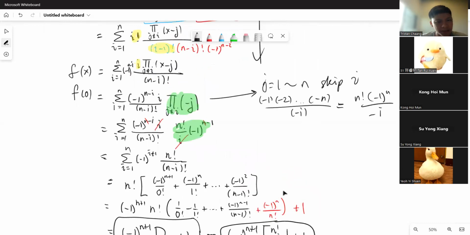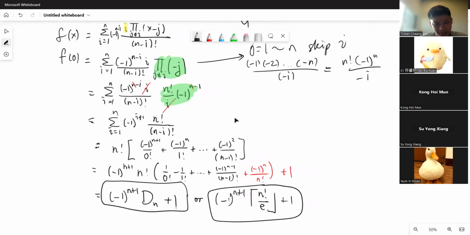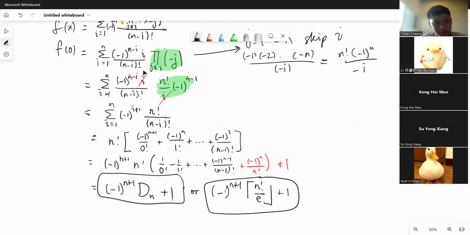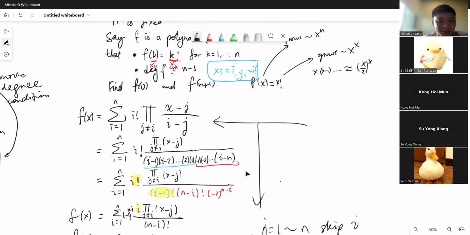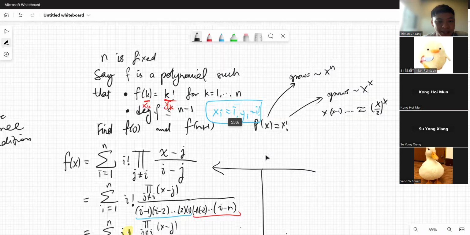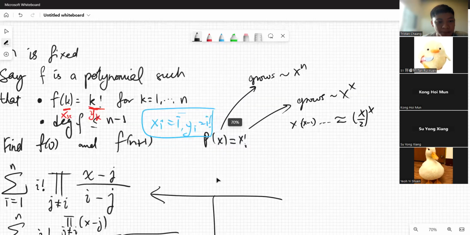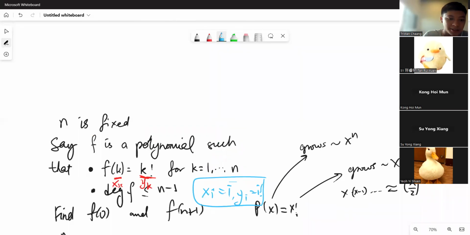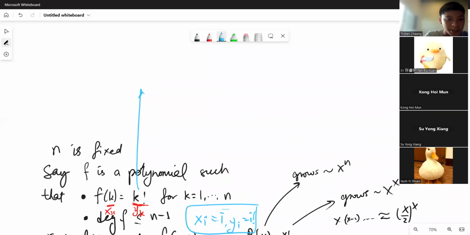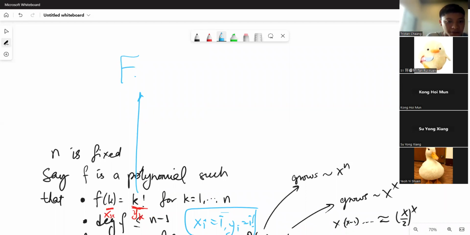So yeah, I chose this problem randomly actually, so I didn't know what the answer would be. It's actually quite nice. It simplifies to this. But I remember there are some nicer problems. For example, you can solve the same problem with k factorial replaced with f_k, the k-th Fibonacci number.